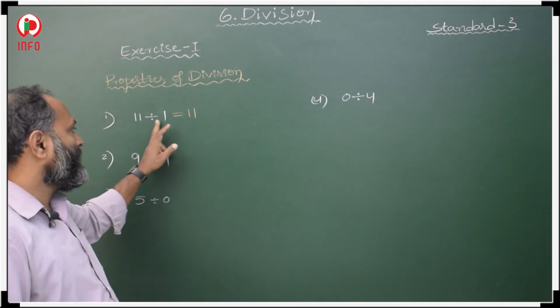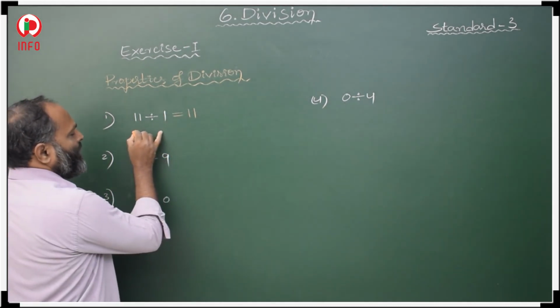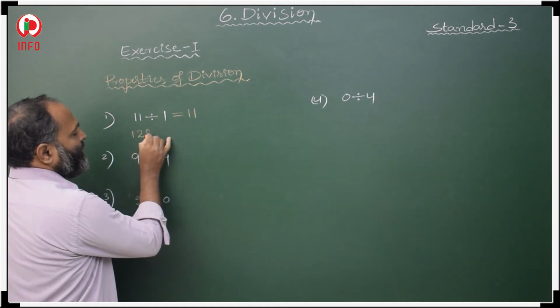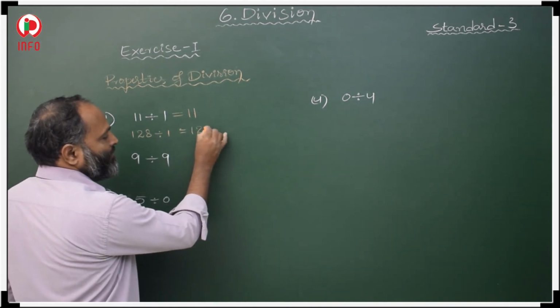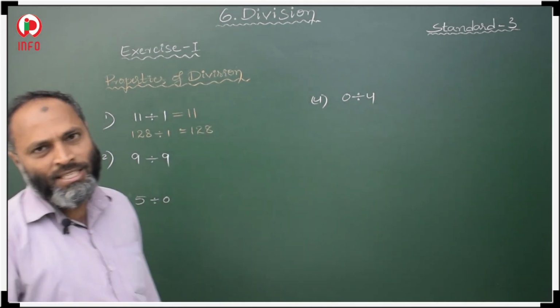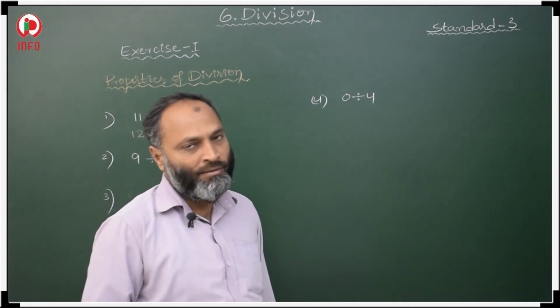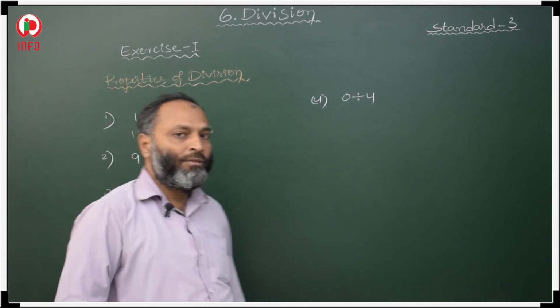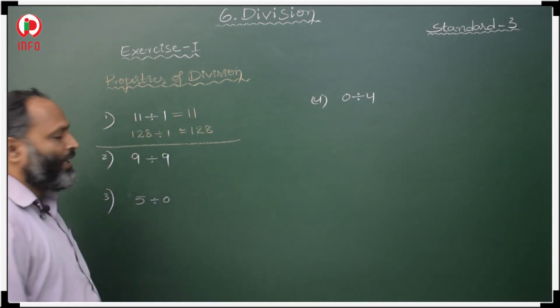If 11 is divided by 1, then the answer is 11. For example, if 128 is divided by 1, then what is your answer? That is 128. If any number is divided by 1, the quotient is the number itself. So this is the first property in division.